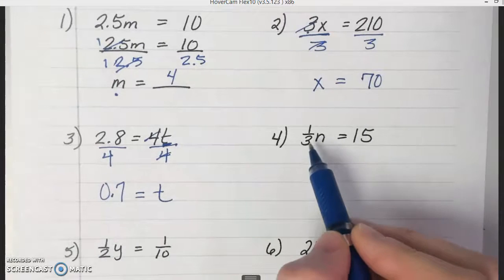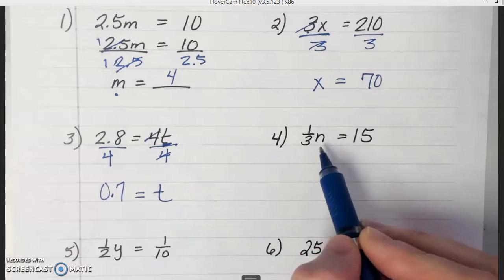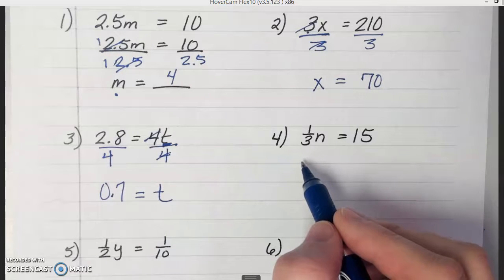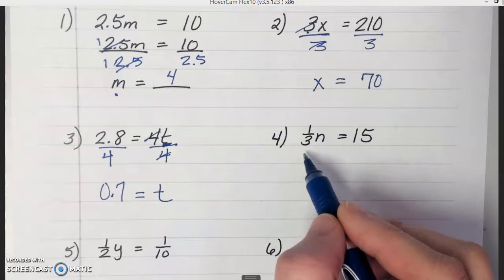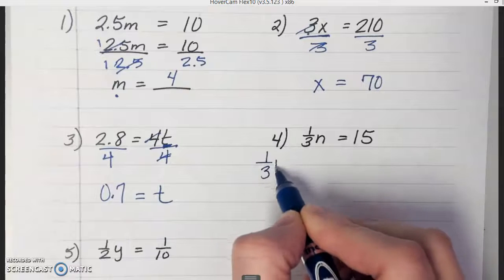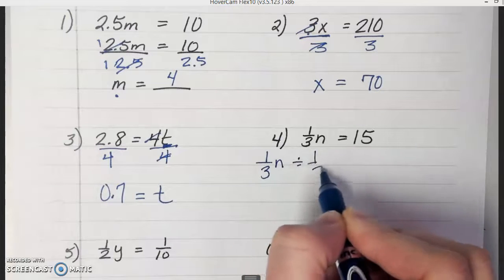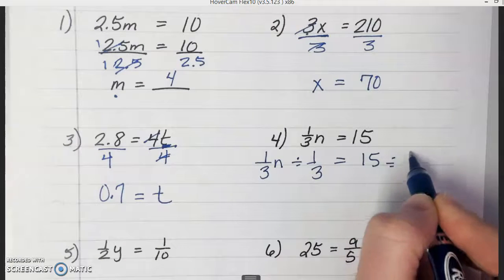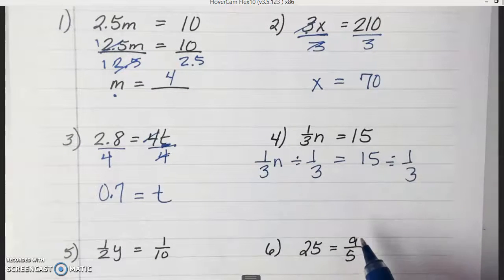Notice on this one, we're saying 1/3 times n. So to undo that, what am I going to have to do? I'm going to have to divide to undo that multiplication. So I'm saying 1/3 n divided by 1/3. And on the other side, I'm saying 15 divided by 1/3.